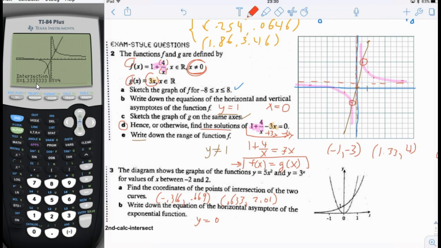Now, one last thing. When they give it to you like this, and it doesn't look exactly like f of x equals g of x anymore, actually they're only asking for the x values. So if you remember to do that, just give them -1 and positive 1.33. You don't need to give them the y's in this case. Okay, that's it.